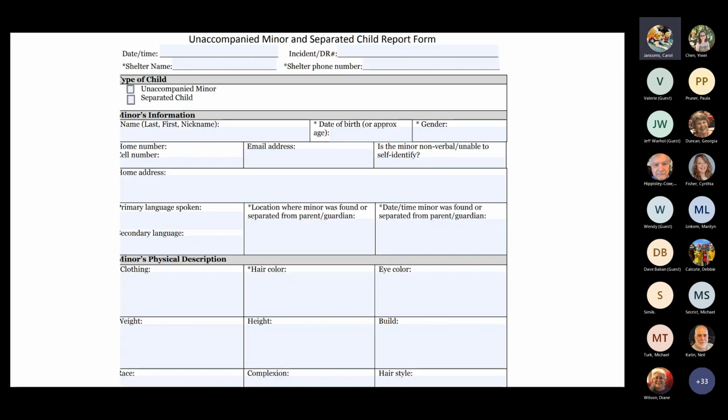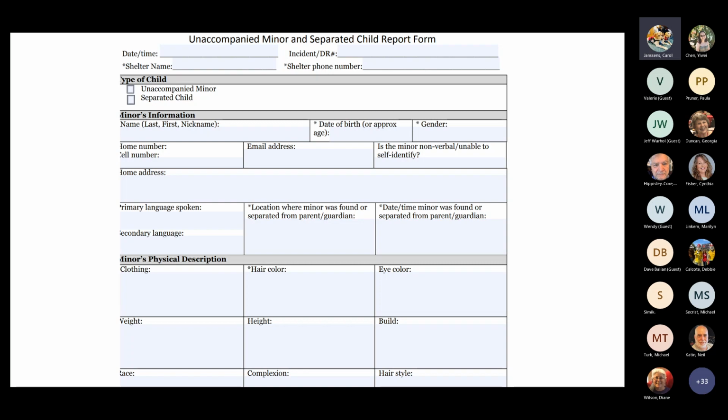Okay, unaccompanied minor. I have never had an unaccompanied minor in my 18 years. But if there was one, number one, if you're at registration, you need to get your manager right away, because there are some rules to keep the unaccompanied minor safe.